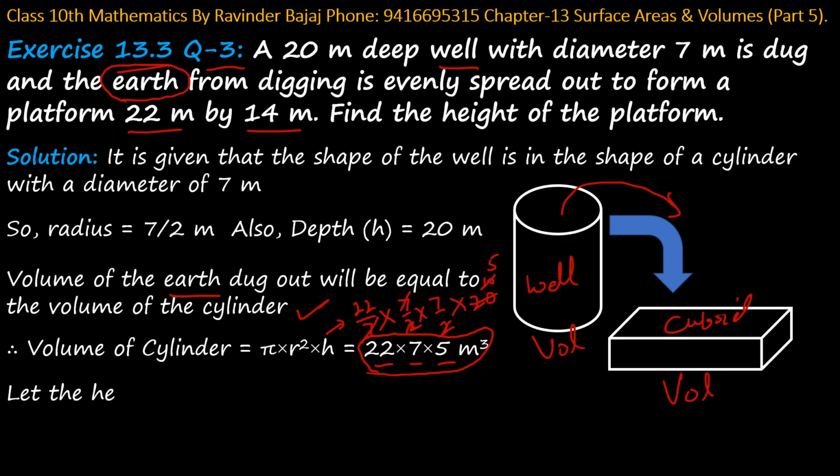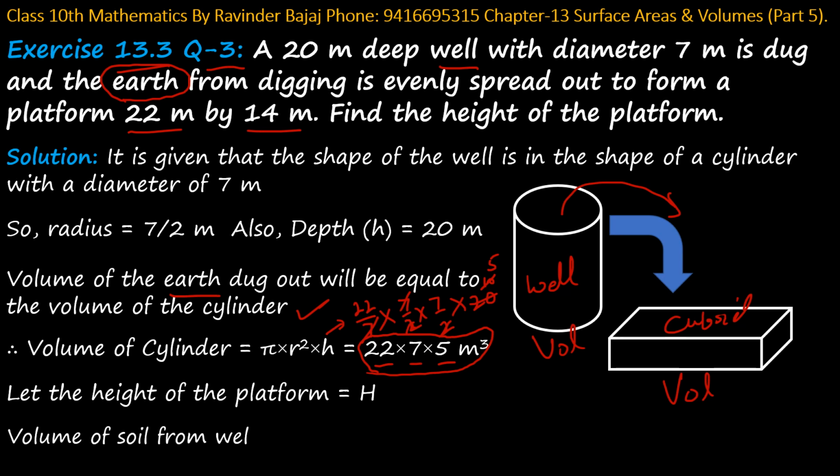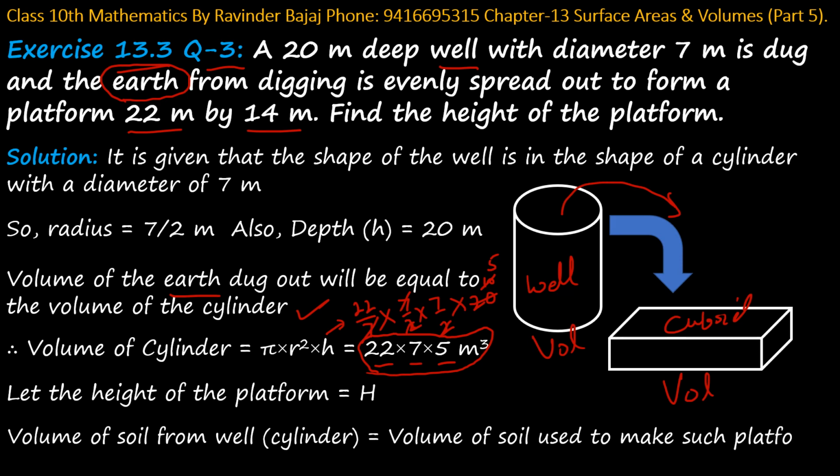Let's continue. Let the height of the platform be h. So the volume of the soil from the well is equal to the volume of the solid, that is the cuboid, that is a platform in the shape of a cuboid. Let's calculate.